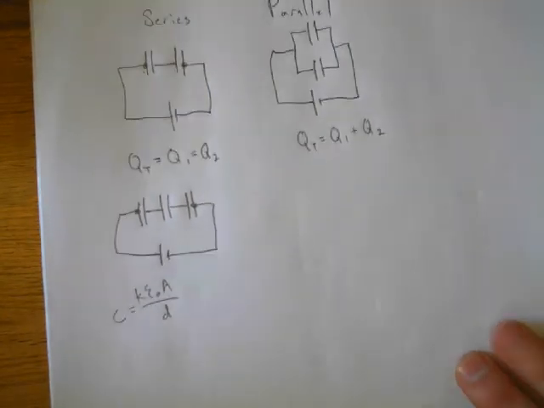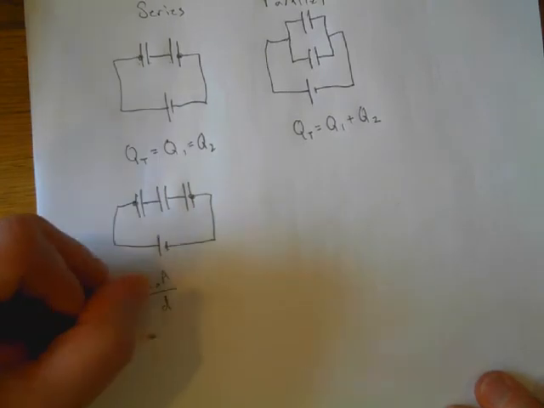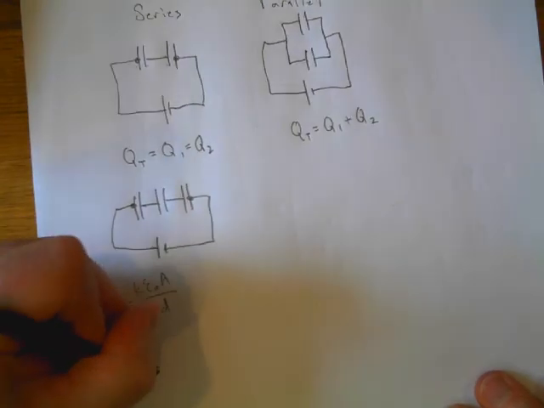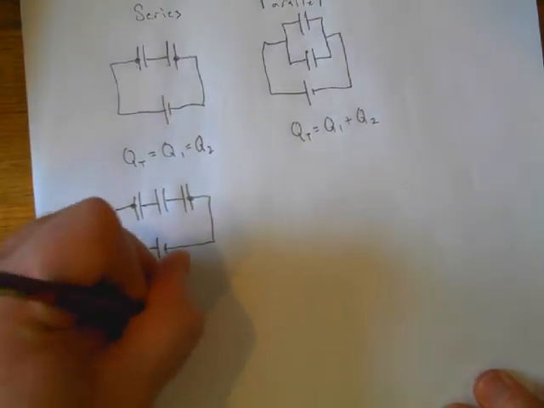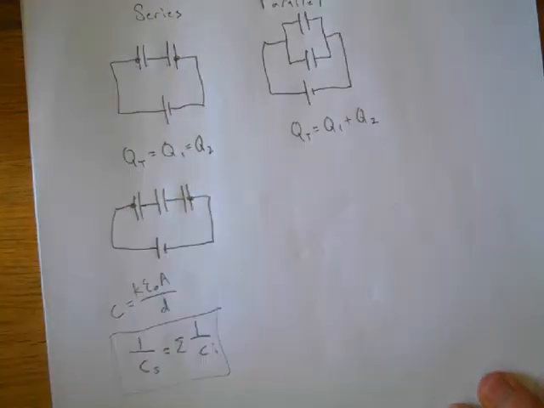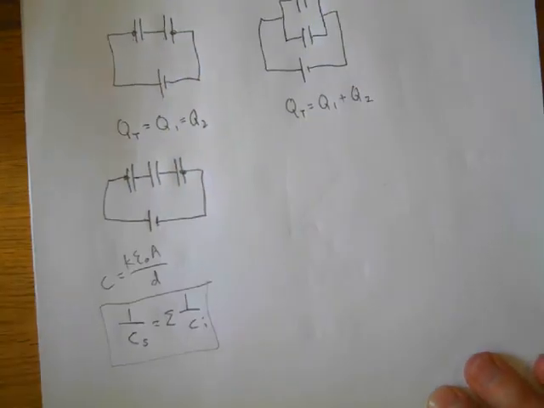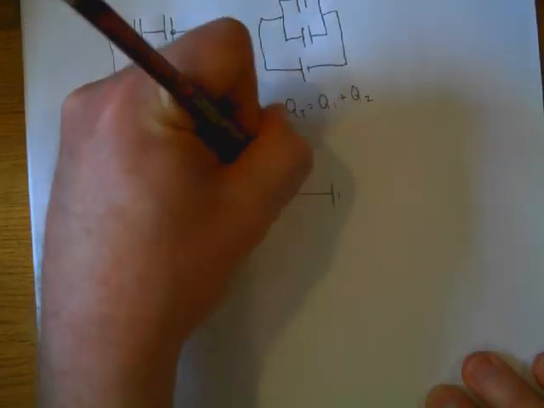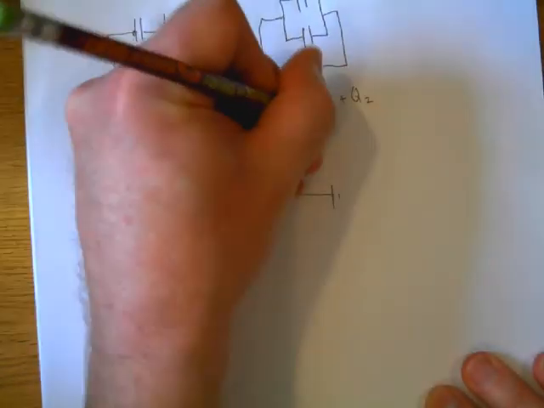Those two plates are touching the battery, which means my total capacitance goes down, which is why this is the formula you will see on the formula sheet. And yes, that is on the formula sheet. But to find total capacitance in series, you add up the inverses and then you have to flip it.